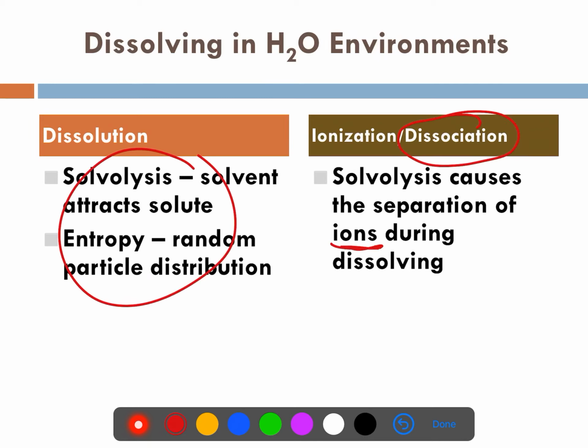They call this dissociation. So with ionic materials, most, not all, most ionic materials, let's say we have an ionic material AB, when you put it in water, we write a single arrow, and that breaks up into A+ plus B-. So the solvolysis of this causes a complete dissociation of the charge.